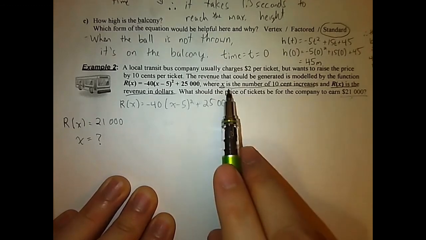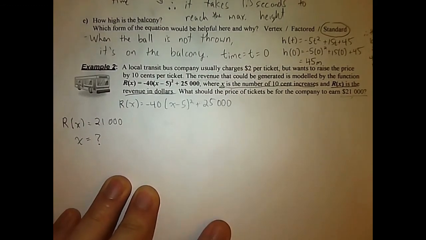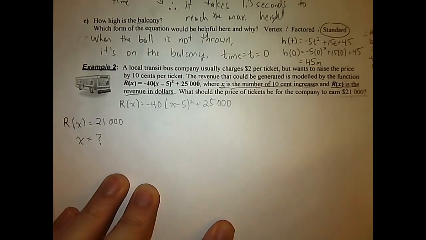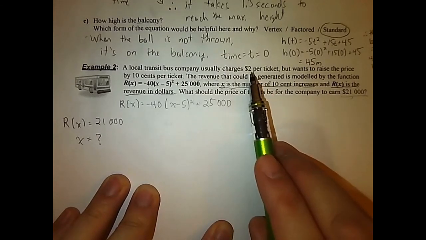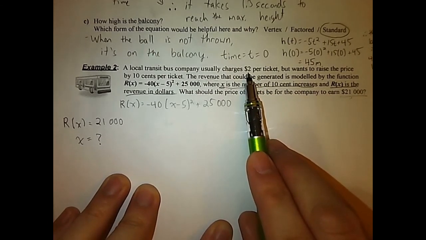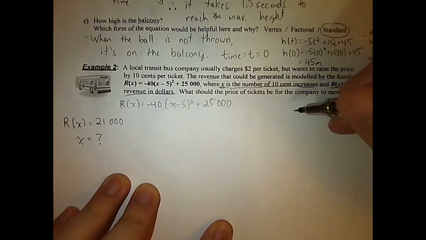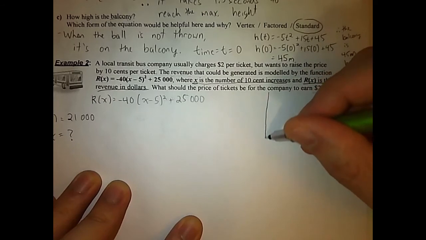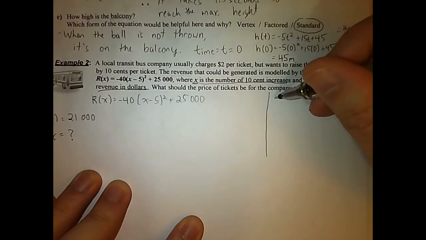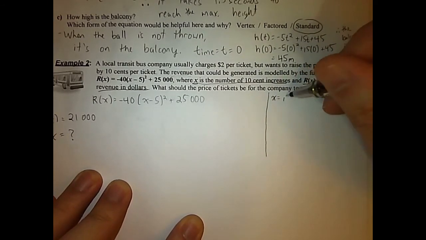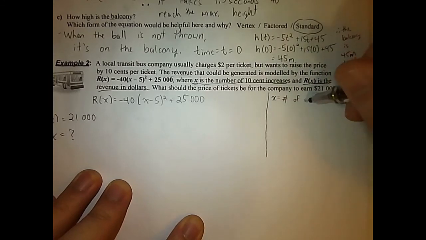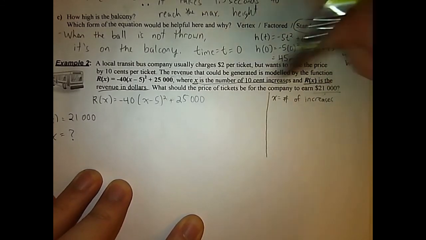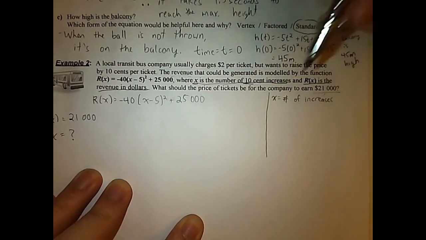So what do they mean by X is the number of 10-cent increases? Well, how much is a ticket first off? It says a ticket is $2. I was going to write this on the side here, just to be a little organized. If they're saying X is the number of increases, it says it increases by 10 cents.